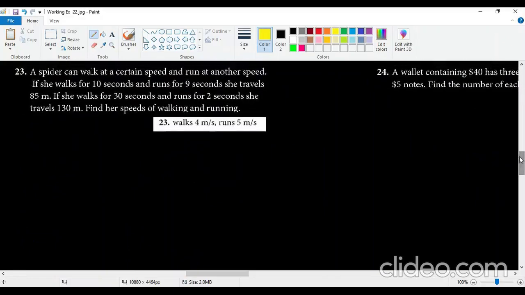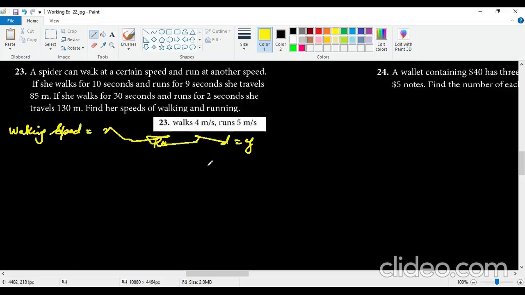It says a spider can walk at a certain speed and run at another speed. So the speeds are unknown. I assume the walking speed is x and the running speed is y. So both speeds are assumed.